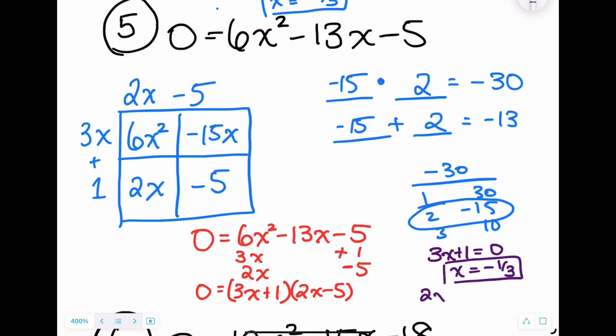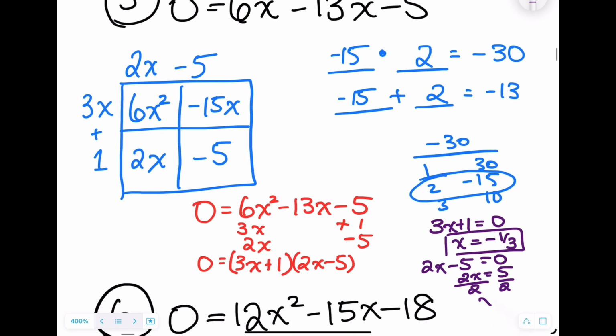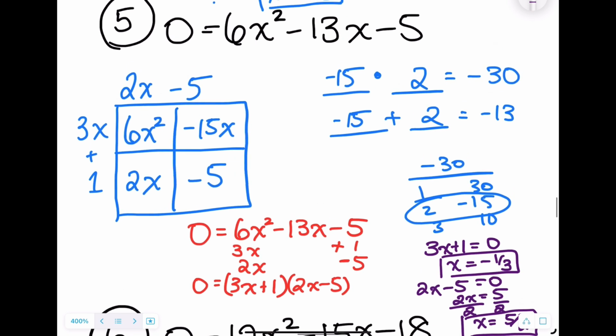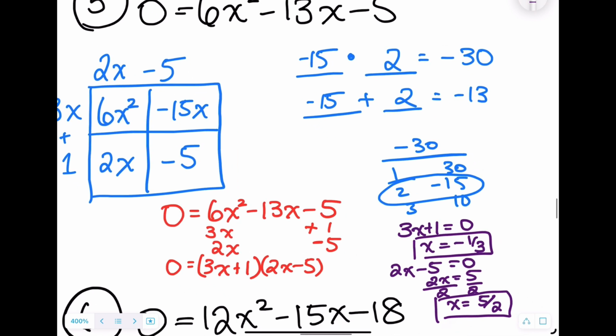And 2x minus 5 equals 0. Bring the 5 over, we get 2x equals 5, and divide both sides by 2, and you get that x is equal to 5 over 2. Okay, so the solutions to question 5 are negative 1/3 and 5 over 2.